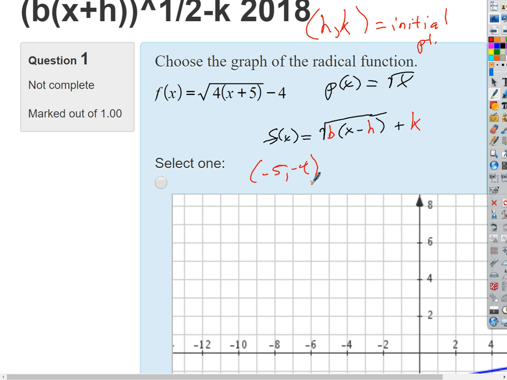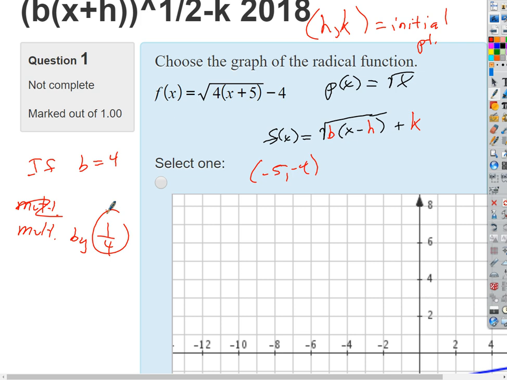But what about this? That's the value of b, right? So if b is 4, what are we going to multiply by horizontally? 1/4, right? We're going to multiply the horizontal changes by 1/4.